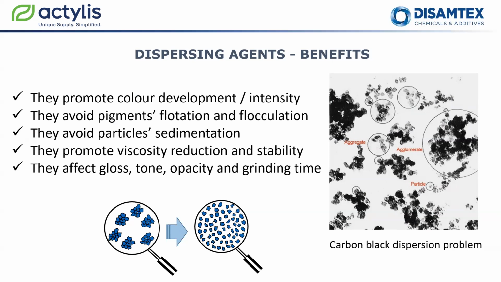And why? Because they influence the final properties. So the more effective the dispersion, the more intense the color is. If the particles remain suspended and well dispersed in the media, this will also prevent pigment from settling, a sedimentation process, or going up, a flotation process.